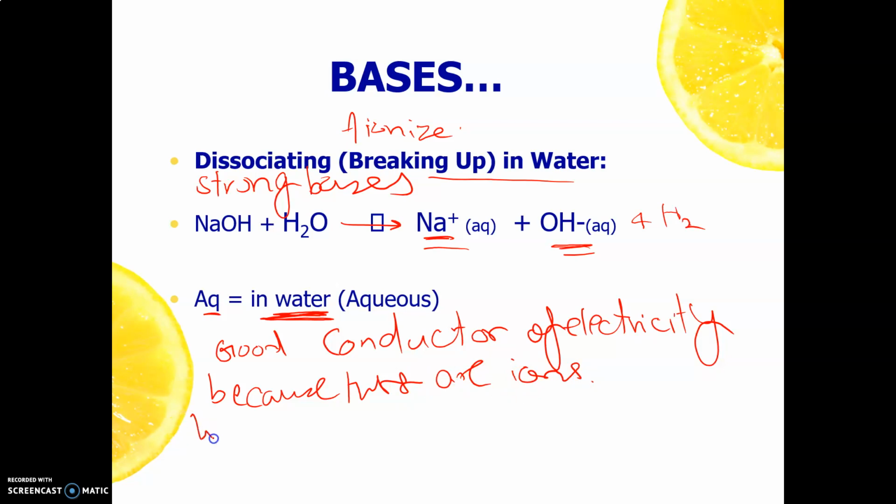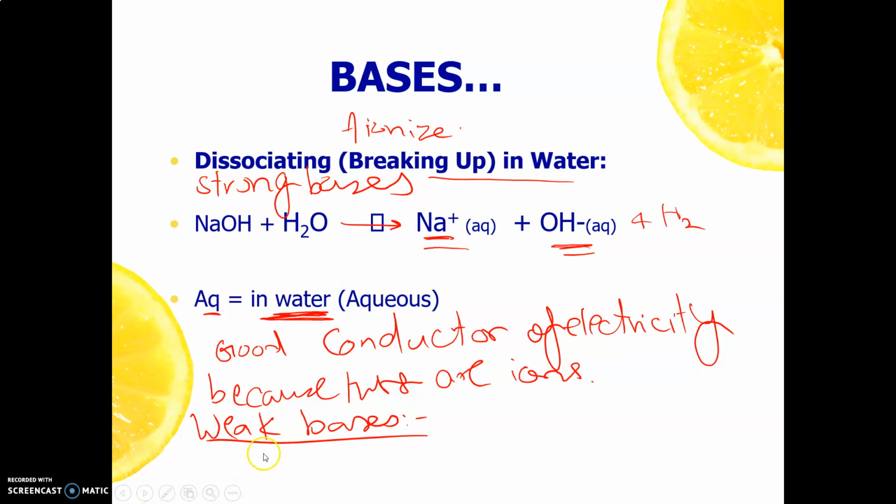But what about weak bases? Weak bases can also react with water, but they partially ionize. Partially ionize means they break up in water, but not all of the molecules break up. One famous example is organic bases, which partially ionize in water.